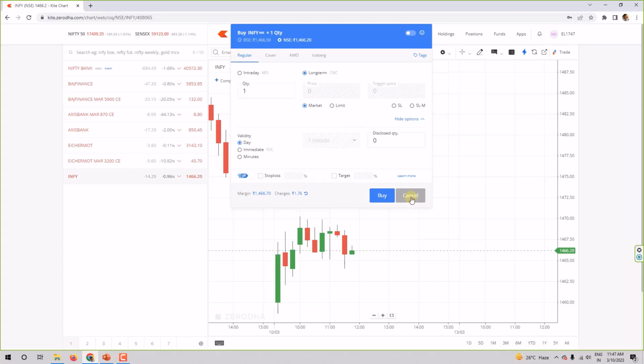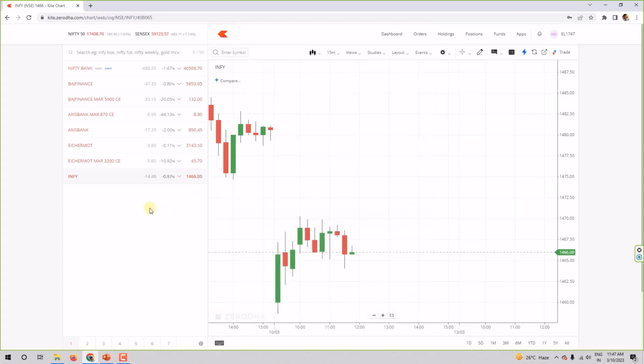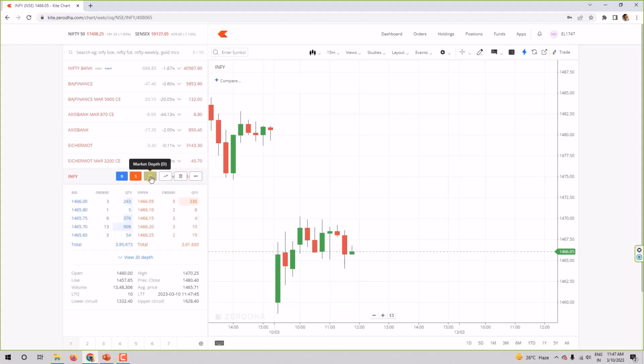Now I am not going to place this. Here, if you consider Infosys, we can click on market depth. Every platform has it. In the market depth, you can see the orders that are being placed by different people. You can see there is an order of these many to buy the shares and an order of these many to sell the shares.